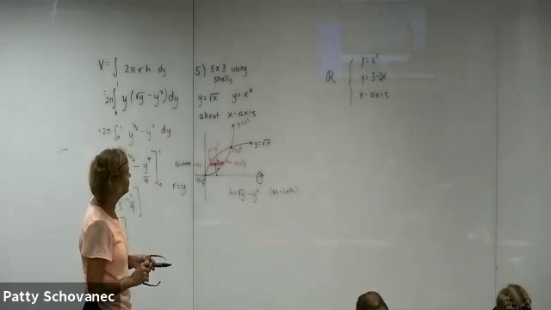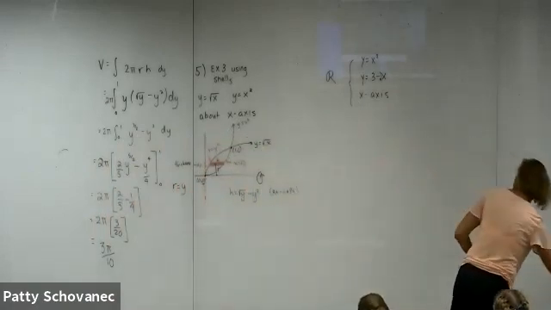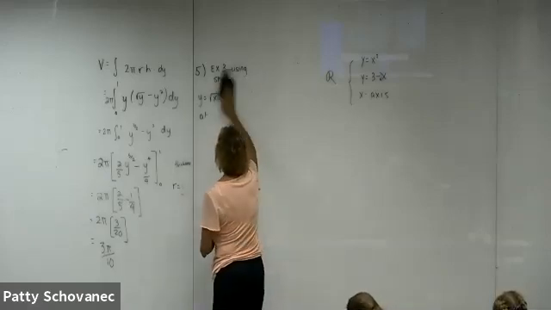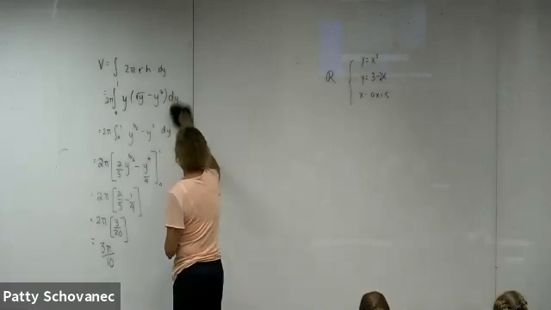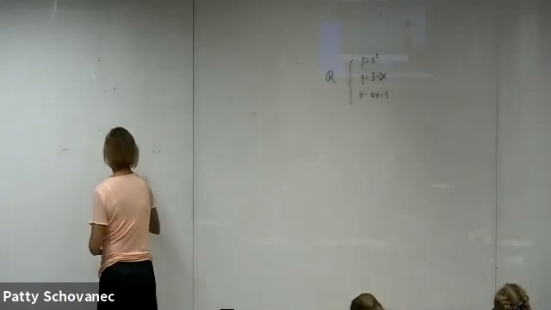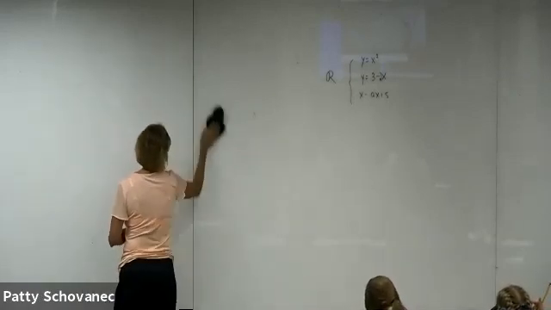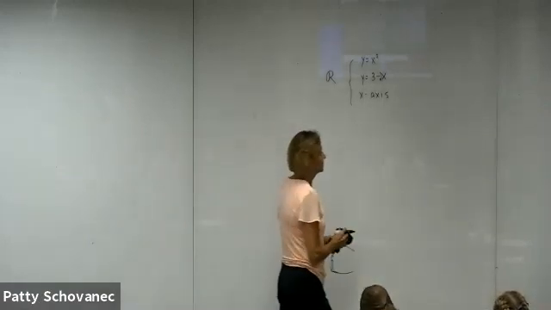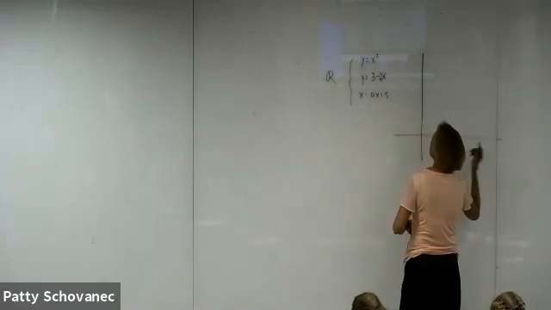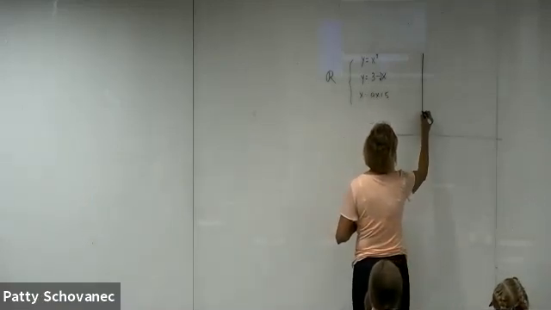Y is equal to x squared, y is equal to 3 minus 2x, and the x-axis. Line has a y-intercept at 3.